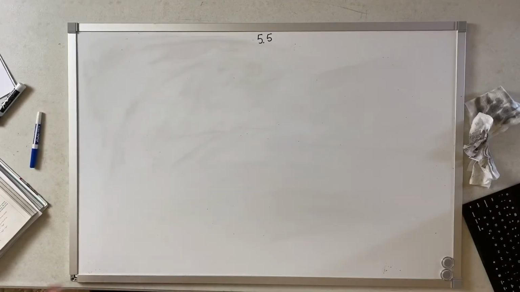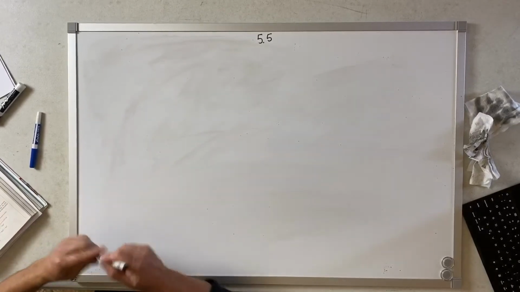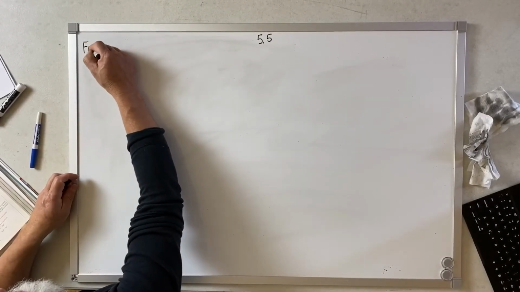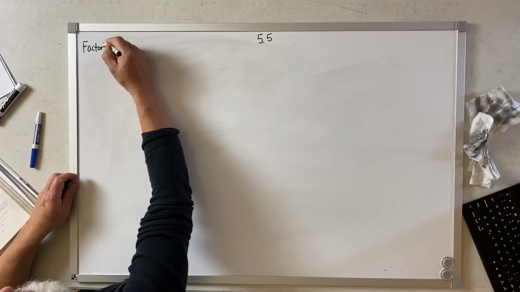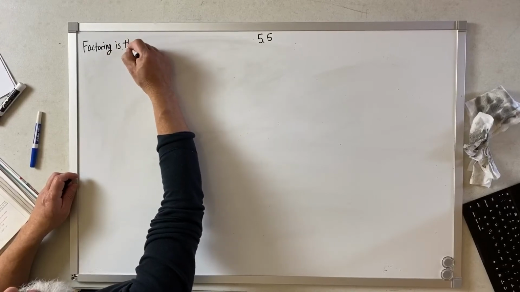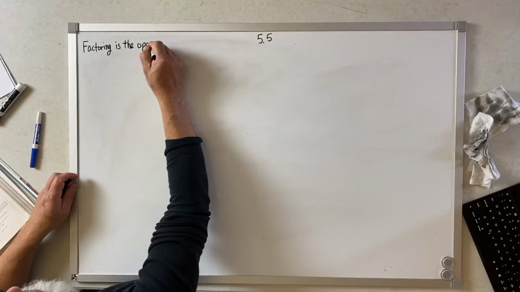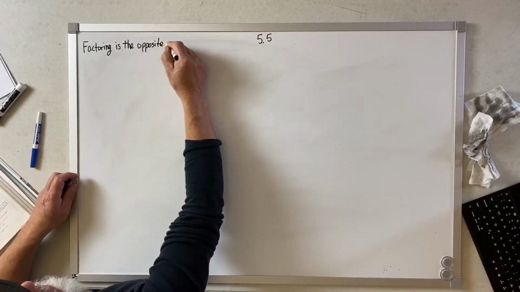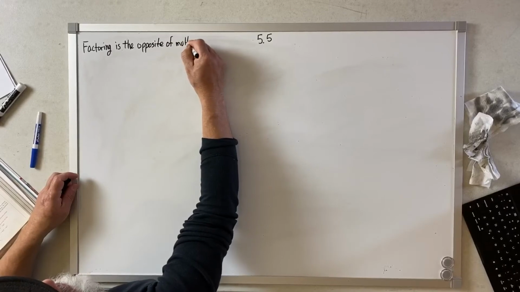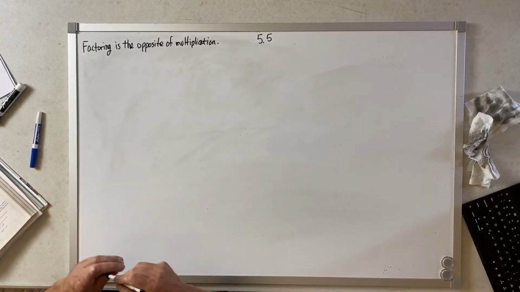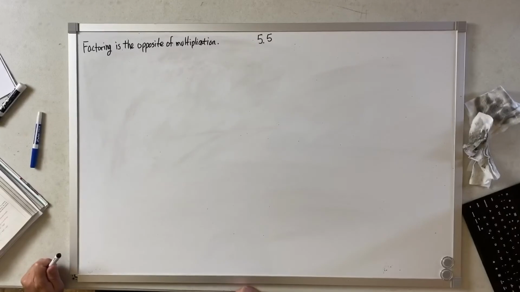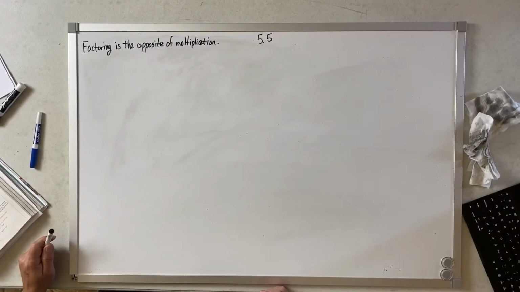All right. The first thing that I need to say for section 5.5 is that factoring is the opposite of multiplication. Once we understand that, watch this.